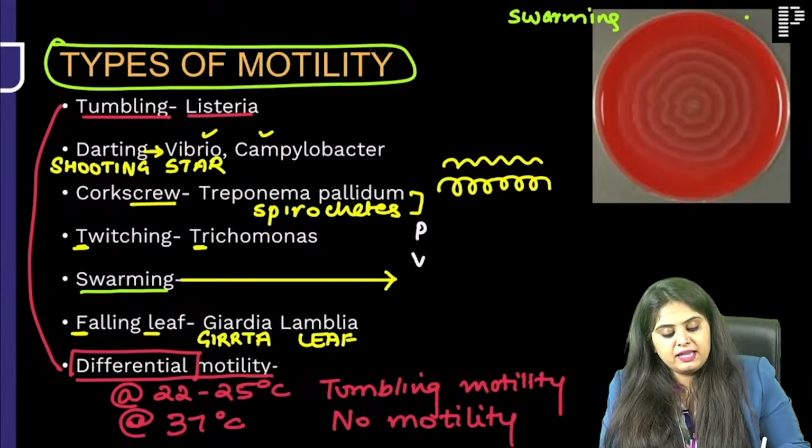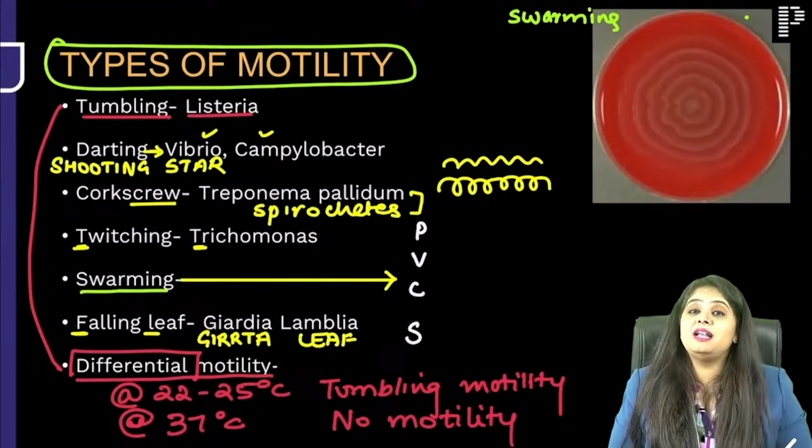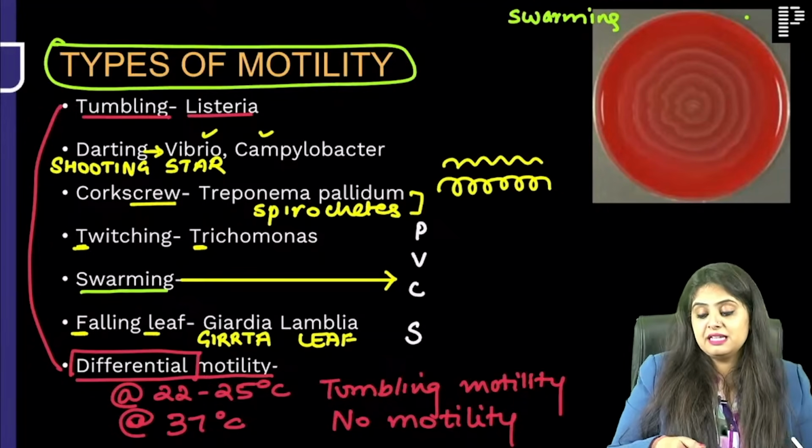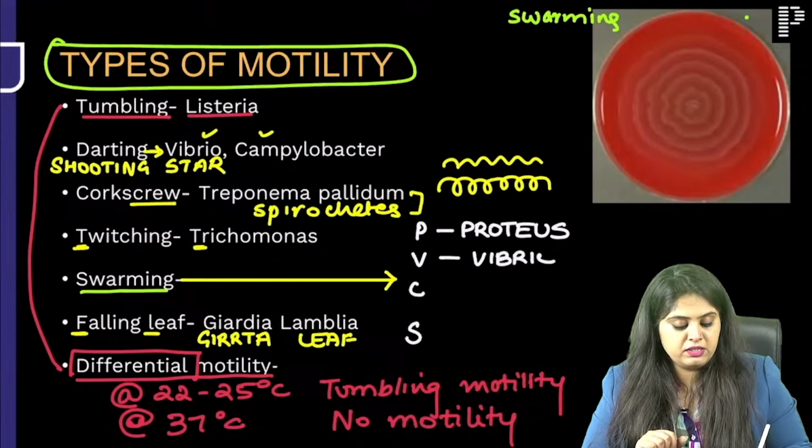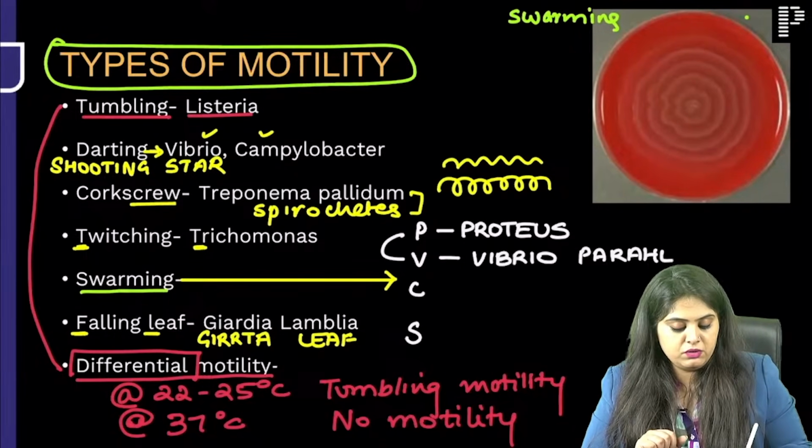It is shown by PVCs, multiple bacteria, but that's the last lengthy list that you have to learn. What is the first one? It is going to be Proteus. The next one is going to be Vibrio parahaemolyticus.